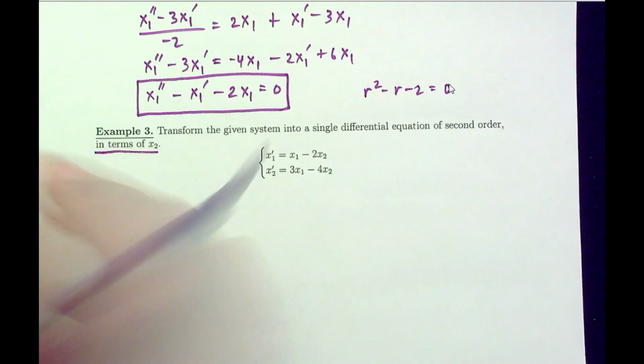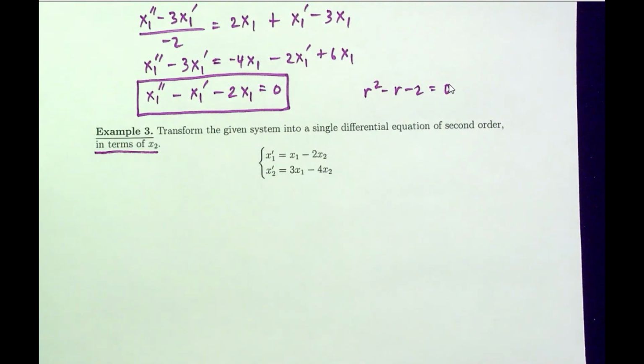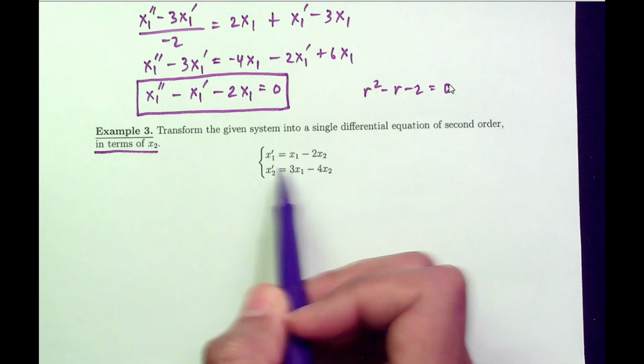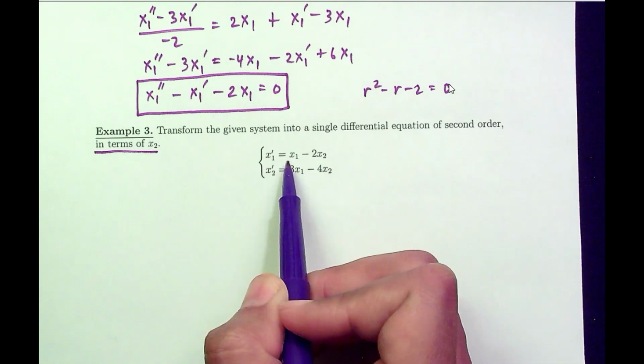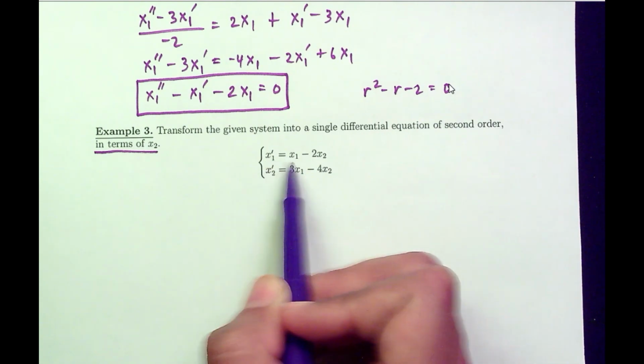So that means I want to get rid of x1. If we want to get rid of x1, that means you have to solve for x1 from one of the equations, whichever equation actually allows you to solve for x1. In this case, the first one is not going to work because you're going to have x1 and x1 prime.